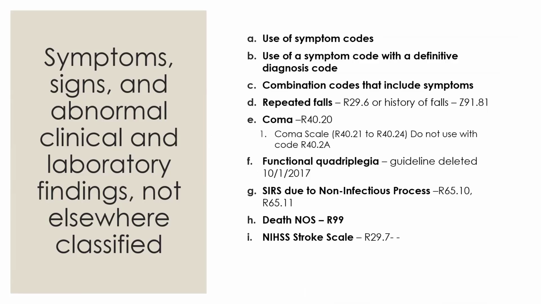The definitive diagnosis code should be sequenced before the symptom code. Signs or symptoms that are routinely associated with a disease process should not be assigned as an additional code unless otherwise instructed by the classification.